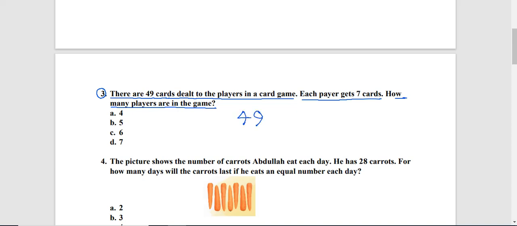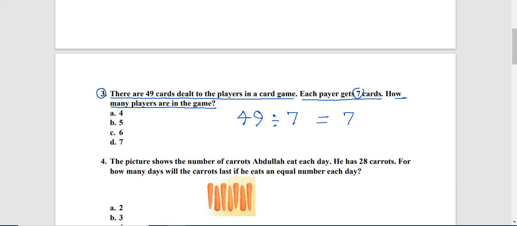But each of the players gets 7 cards. So for us to know the number of players in the game, we have to do a division statement. 49 divided by 7. And that will leave us with 7.